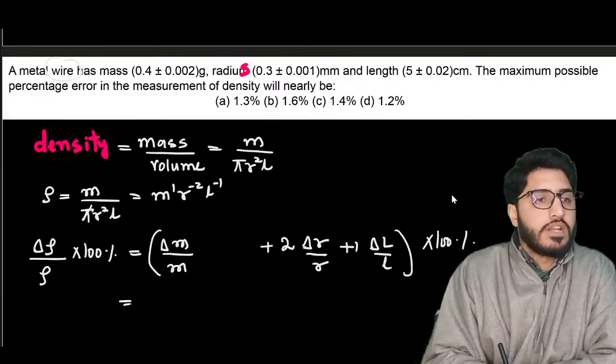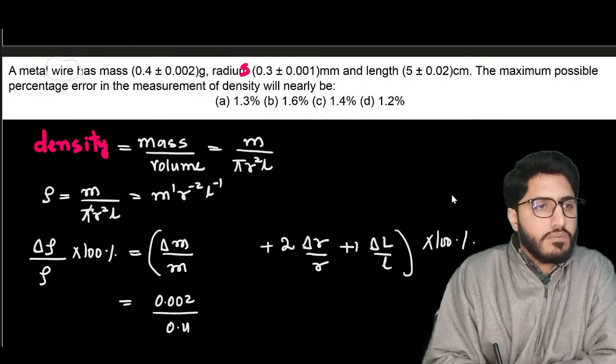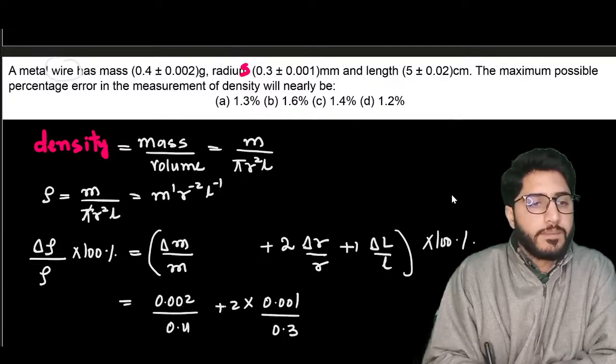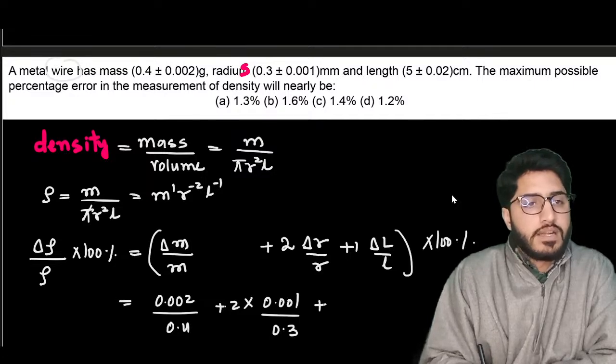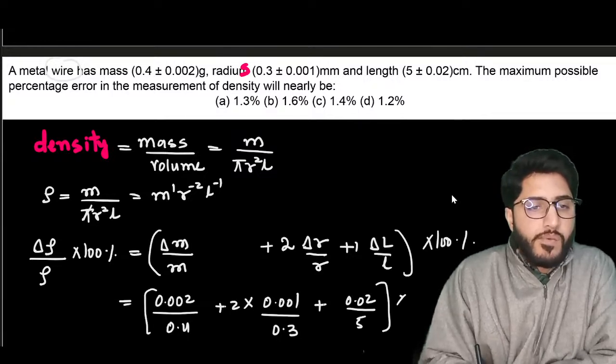So what is delta m? It is 0.002, divided by m, which is 0.4. And 2 multiplied by delta r, given to us as 0.001, divided by 0.3, plus delta L, which is 0.02, divided by 5, multiplied by 100.